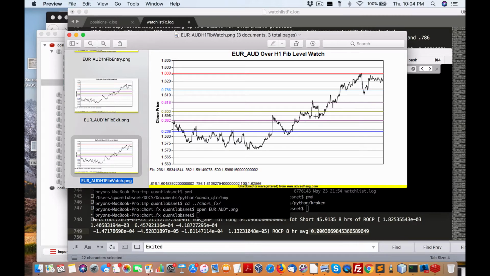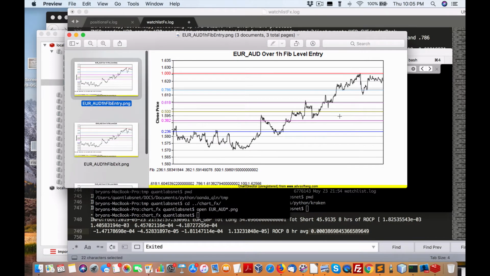Usually it comes up like this, and this is what we're hoping for. It breaks through the 500, and then here is where the entry takes place. But you can see here we're going to get sometimes these false positives, and sometimes it may hit, may not, and then continue with the position hitting 618 and 786 as our first leg, and then hopefully we move up to level 1 here, which it historically does quite a bit.